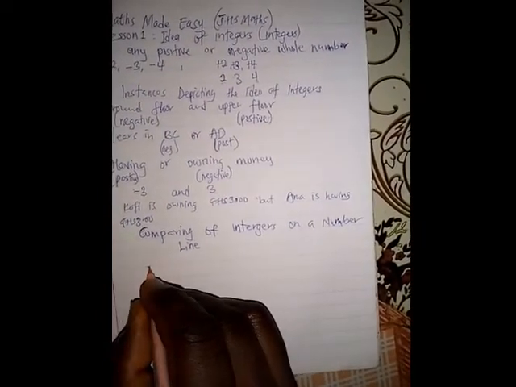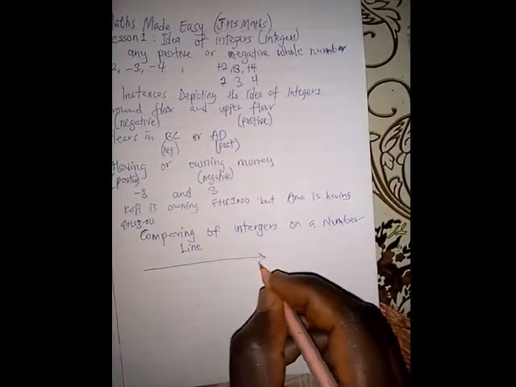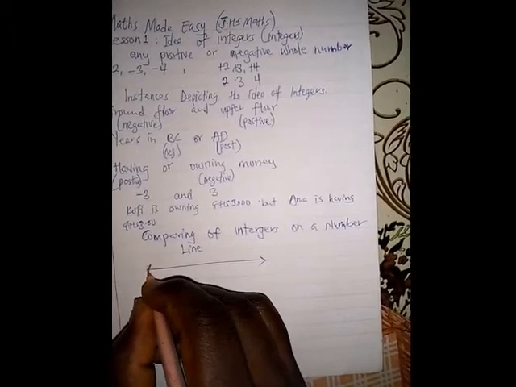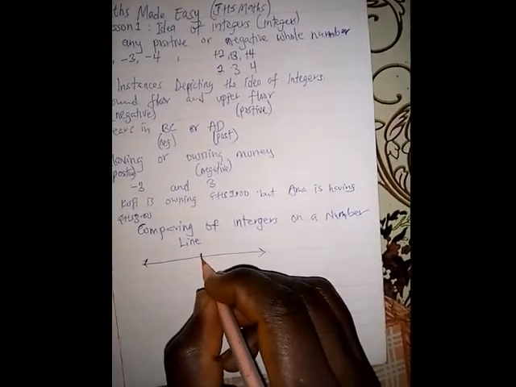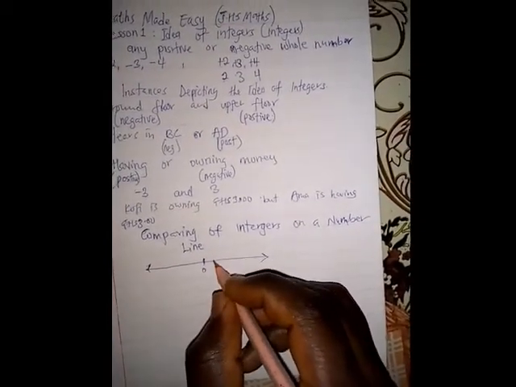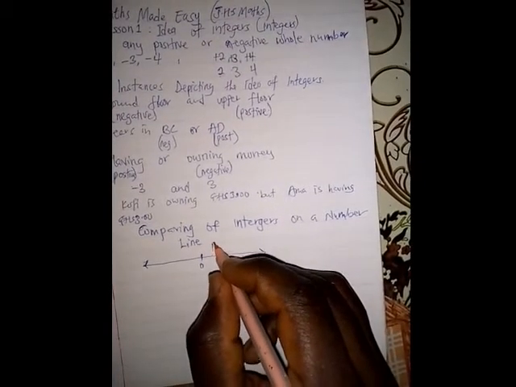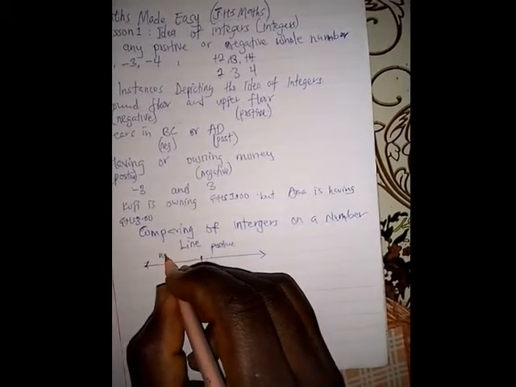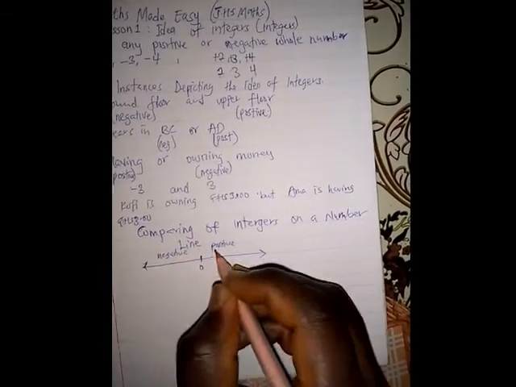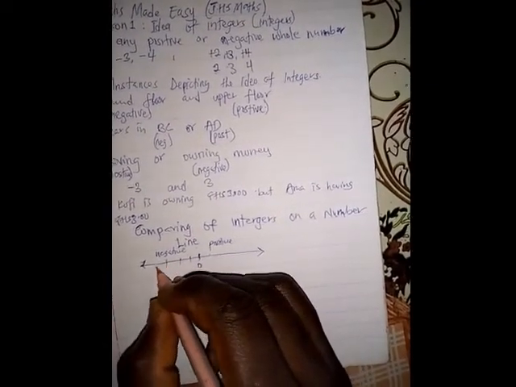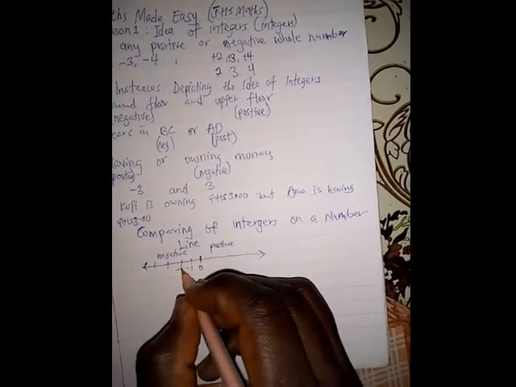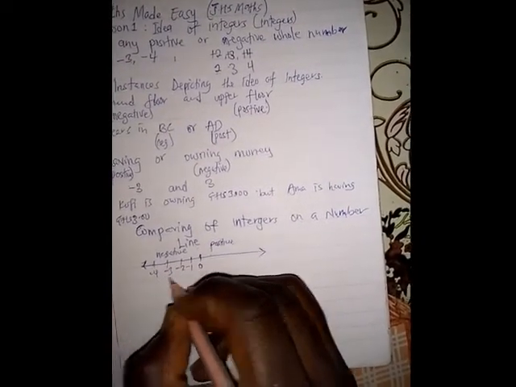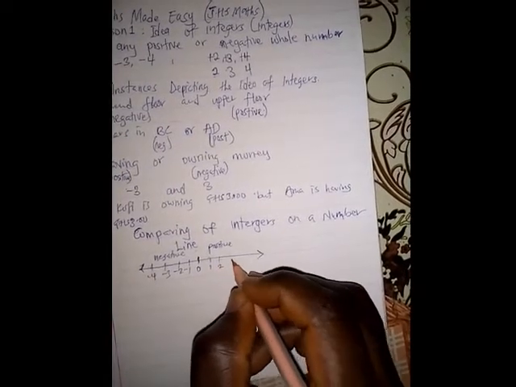So this will be our number line, a line which has markings on it, and the 0 will be at the center. The right side will be the positive, the left side will be the negative. So the number which is negative should come on the left side of the 0, while the positive will be at the right side of the 0.